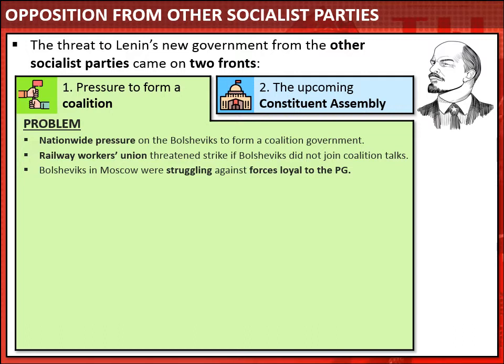And secondly, in order to survive as a government, the Bolsheviks had to take control of other key cities. But at this point, the Bolsheviks had only managed to seize control of Petrograd. Bolsheviks in Moscow were still struggling to take control of the city against forces loyal to the provisional government, who had the upper hand. So at this point in time, Lenin's position is not strong enough to reject the idea of a coalition. He has to go along with it.